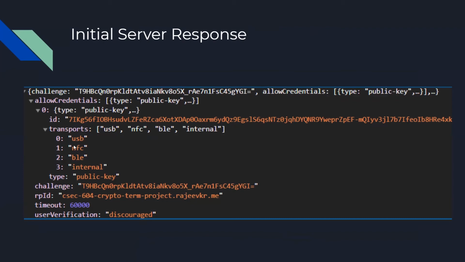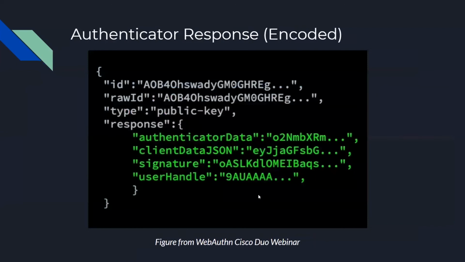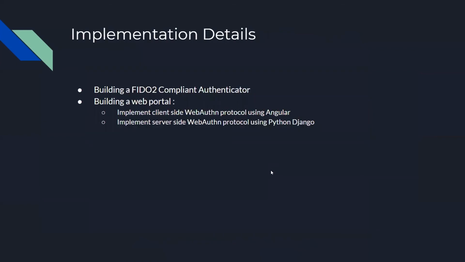It responds with the credential ID that is saved in the server, and the underlying transports that it supports, like we saw USB, BLE, NFC, and also it gives a challenge. And the authenticator responds with a similar data structure as we saw in the registration format, but the only difference is it also gives a signature that can be verified on the server side.